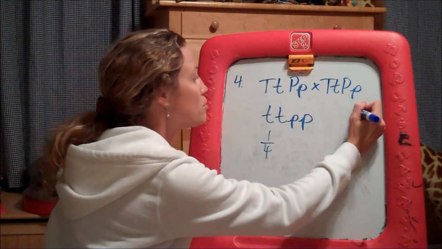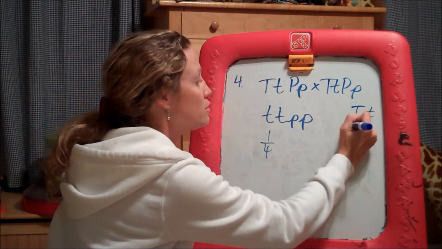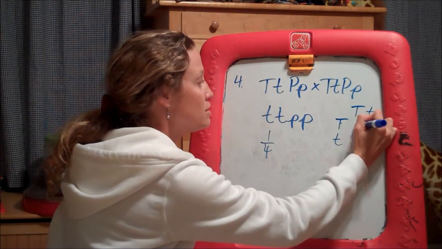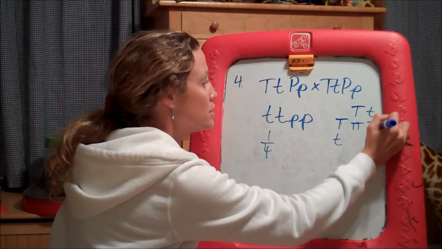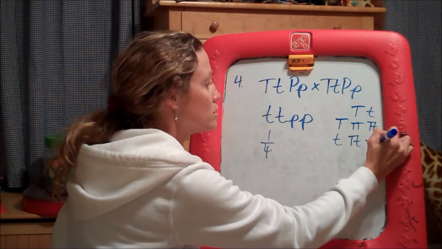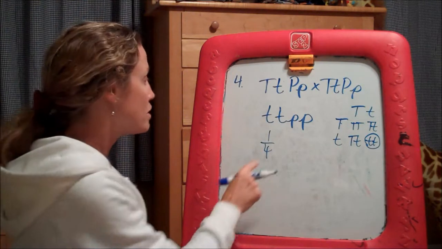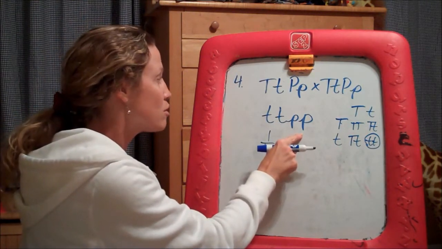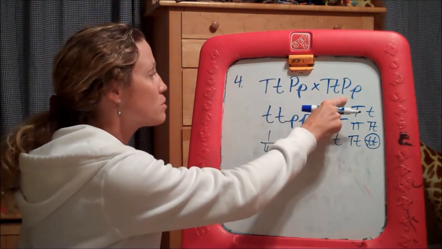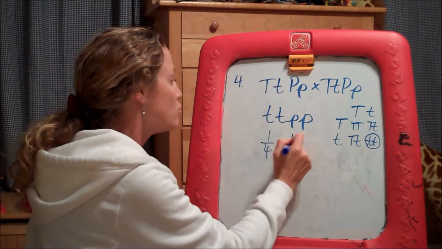All right? So remember, if you can't do it in your head, this is what we just did. Big, big, big, little, little, little. So that's 1 out of 4. All right? So that's 1/4. Same exact thing over here, because it's heterozygous with heterozygous, so that's going to give you 1/4.